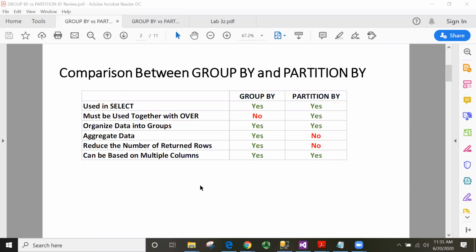You start with 100 orders, 100 rows, but you will end up having only one row, right? So when we summarize our data, very likely we will reduce the size of the returned data, or the number of the returned rows.